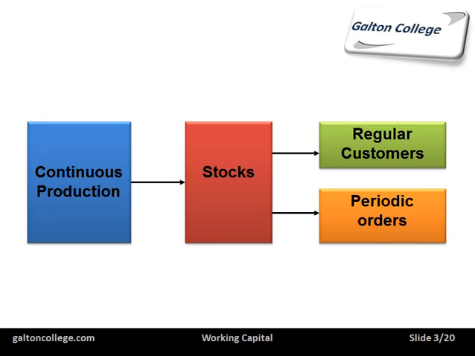So if we have continuous production, the continuous production flows into stocks and out of stocks to meet regular customers, but also periodic orders. Now, that process needs to be managed. They don't want to keep the customer waiting too long. On the other hand, you don't want to have too many stocks, because stock is expensive to hold, generally speaking.